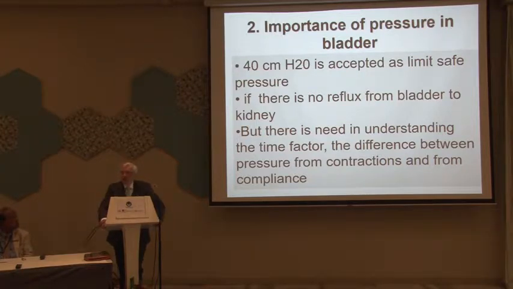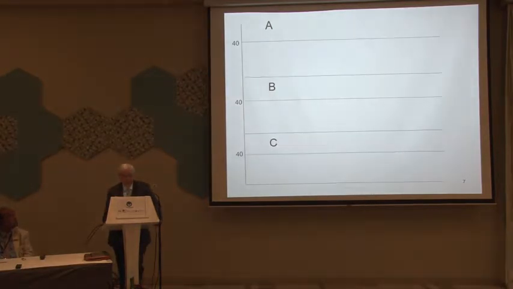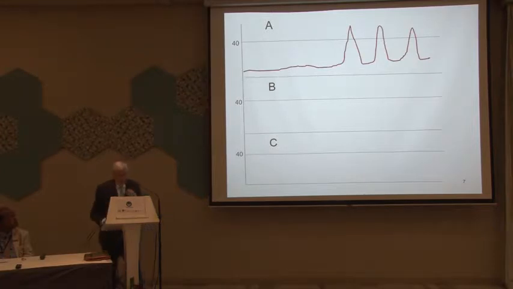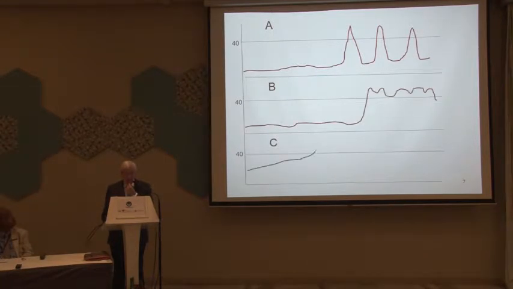But it is just too simple to look at 40 centimeters; there is much more at stake. For instance, what do you think is the worst scenario? You see here A, B, C, you see the limit of 40 centimeters, and you see the filling from left to right. This is one, this is the other one, and this is the other one.